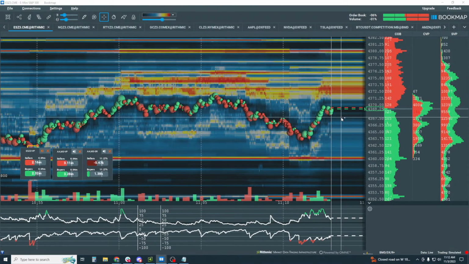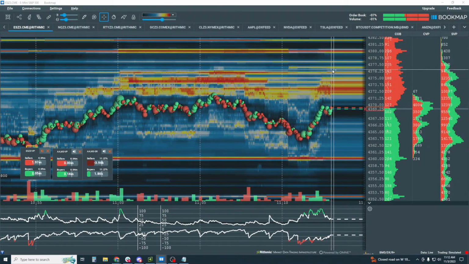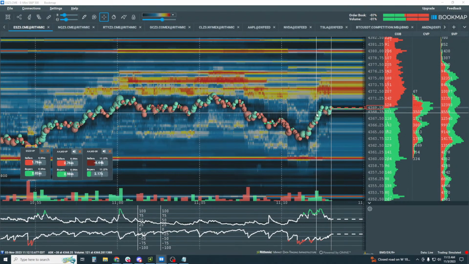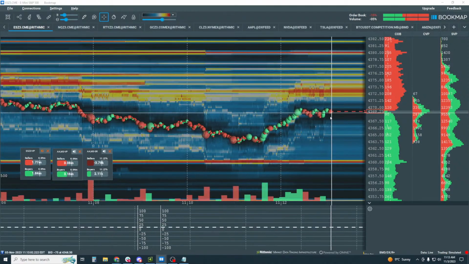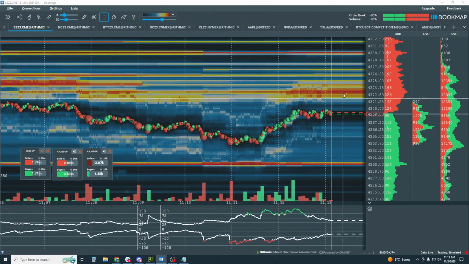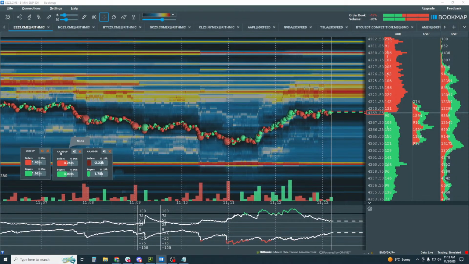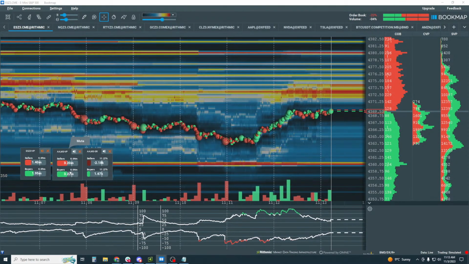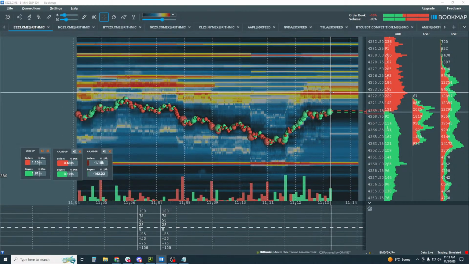Okay, now we're getting a bit of a pullback, and we're looking for the continuation. That was a lot of strong buying. We're looking for a bit of a breather, and now we're looking for the strong buying again in the S&P, but we first want to hear it here in Apple and Microsoft. Then we're looking for it to trade right up into here.